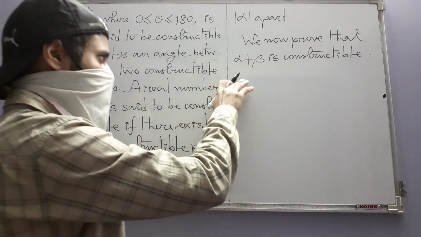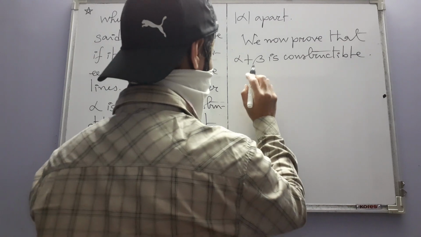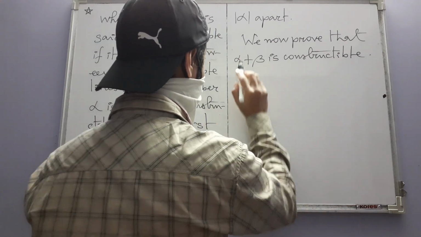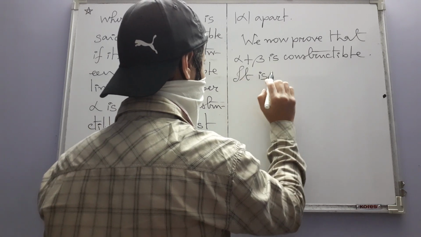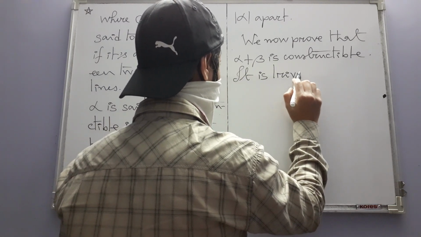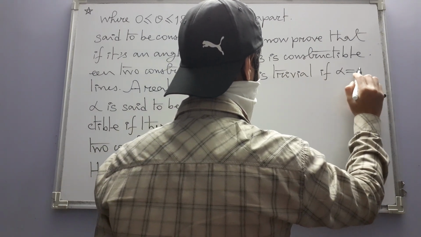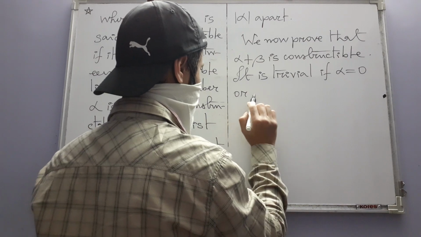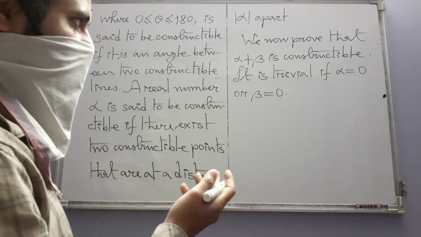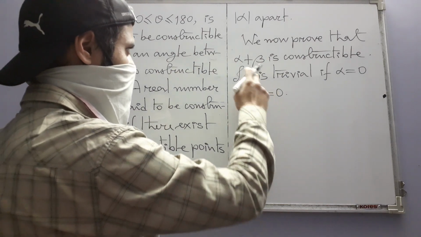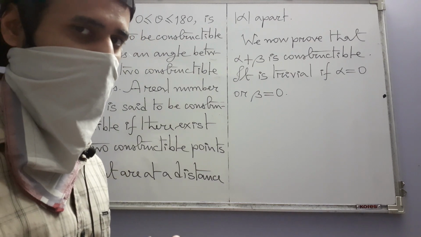So we deal with the trivial cases first so that we can get rid of them in the beginning itself. It is trivial if alpha is 0 or beta is 0, because if at least one of them is 0, say if alpha is 0, then this sum is just beta, which is already given to be constructible.